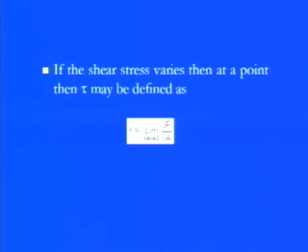If the shear stress varies from point to point, as we discussed in previous lectures, for an irregular geometry where the forces are not uniformly distributed, because different forces are there, like at some point 10, 20, 30 newtons and at some point 50 newtons, and some forces are tensile and some compressive.